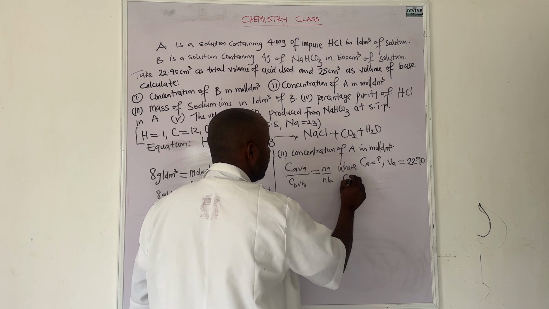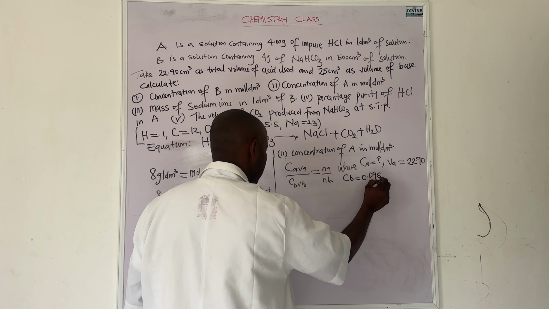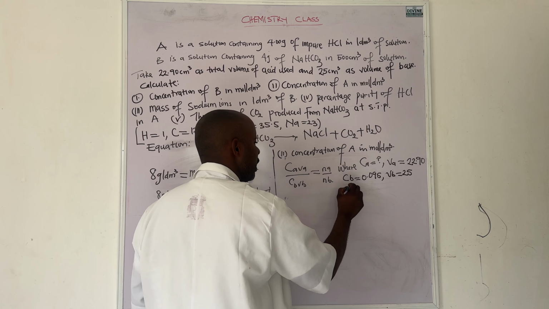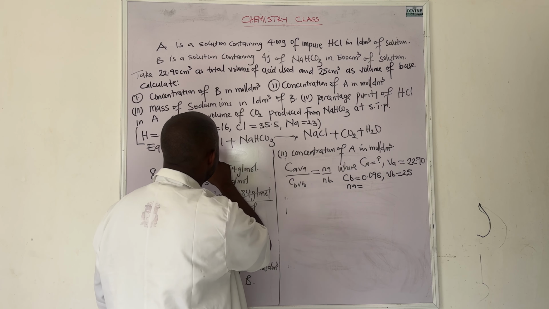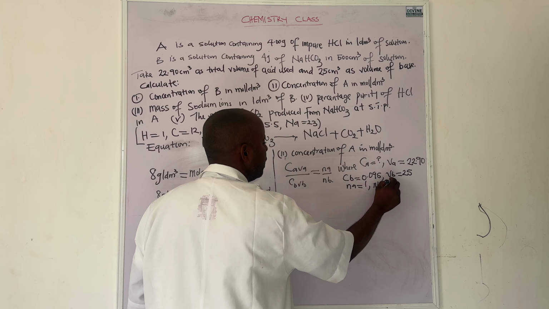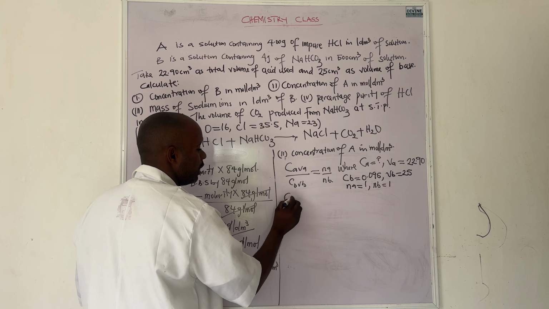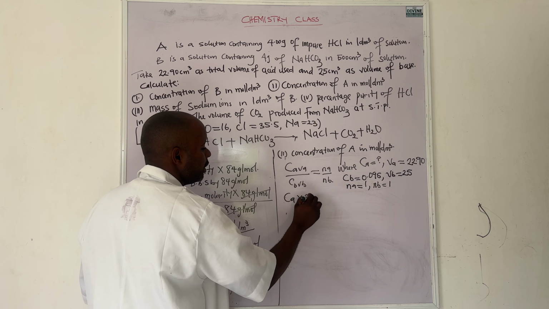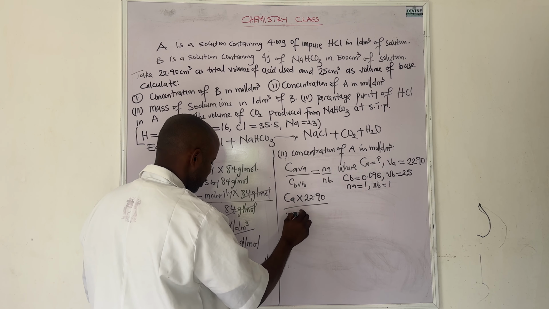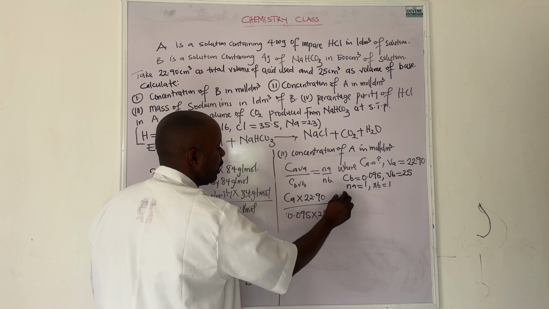We say CB is given to us as 0.095. We say VB, the volume of pipette, is 25. So NA, what is NA? The mole ratio of the acid is 1. NB, the mole ratio of the base, is 1 as well. If we substitute the values, we are going to have CA times 22.90 all over CB, given as 0.095 times 25, is equal to 1 all over 1.